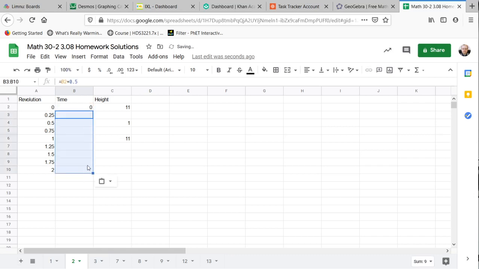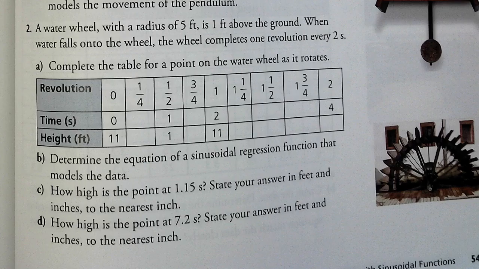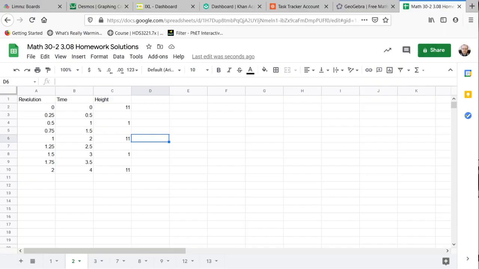Copy and paste that formula, or just use that bottom corner box to fill it down, and there we go. Now we seem to have a period of 2, so we can assume we have an 11 there and a 1 here. Our original data said that this is sinusoidal. It's 1 foot above the ground with a radius of 5 feet. So it makes sense that our max and min would be 11 and 1. And then our midline, which goes between, will be 6.